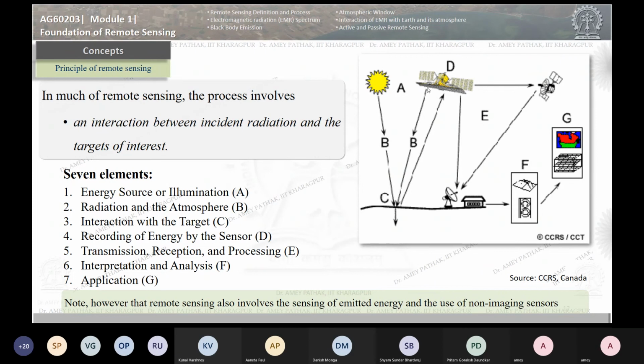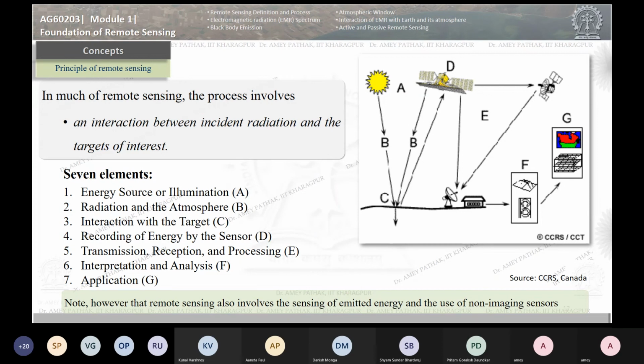Sensors are mounted on the satellite, and the purpose of the sensor is to record the reflectance received from different Earth objects. That is your D. Now the sensor records radiation in the form of an electronic signal, but that is just digital data with no information.